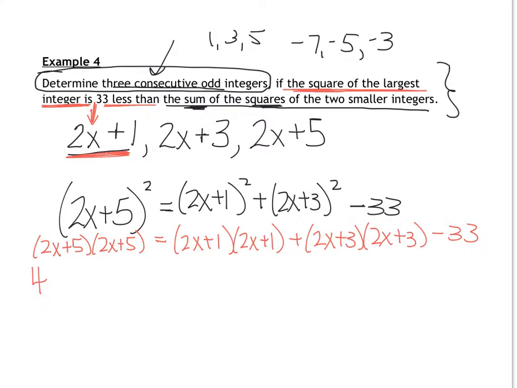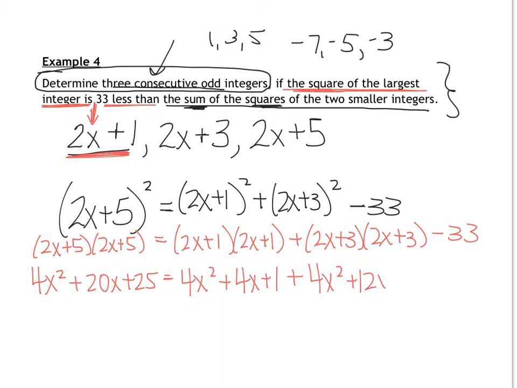So this is going to end up being 4x squared plus 20x plus 25. And over here, we're going to get 4x squared plus 4x plus 1 plus 4x squared plus 12x plus 9 minus 33.